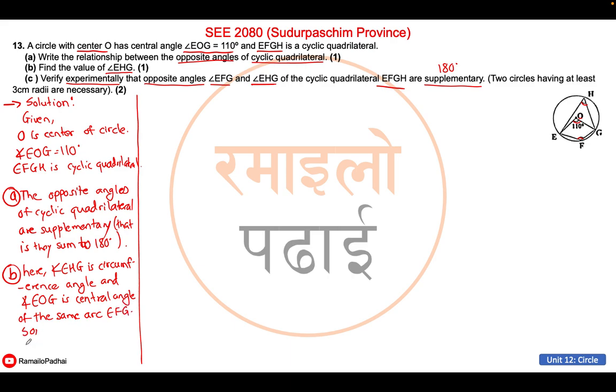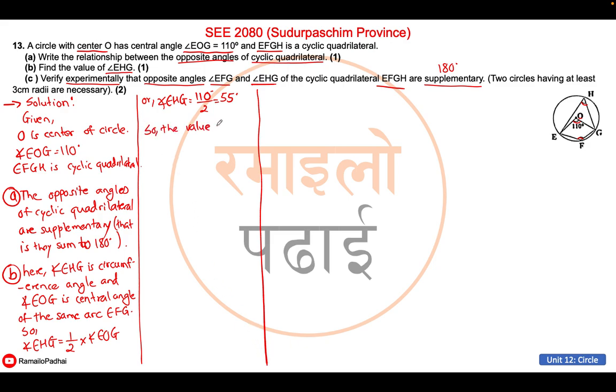So angle EHG equals half the angle EOG, or angle EHG equals 110 degrees by 2, equals 55 degrees. Fine. So the value of angle EHG is 55 degrees. Fine.